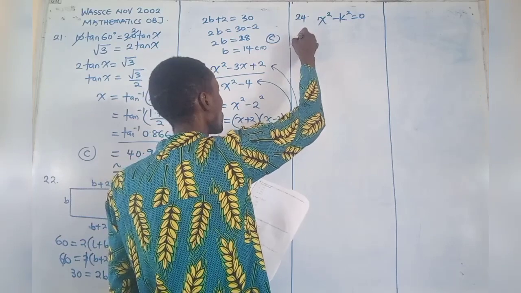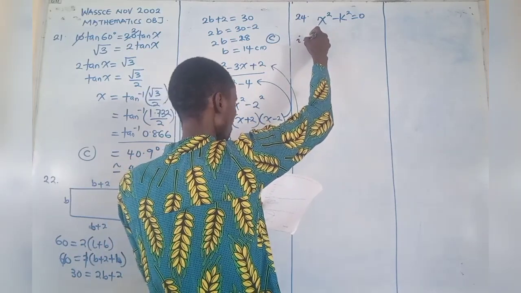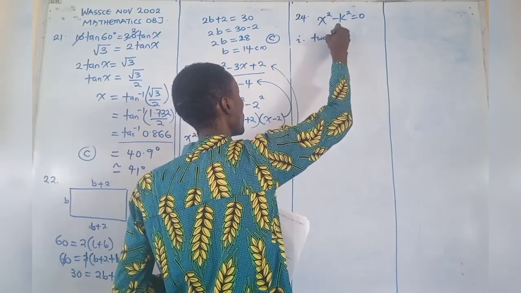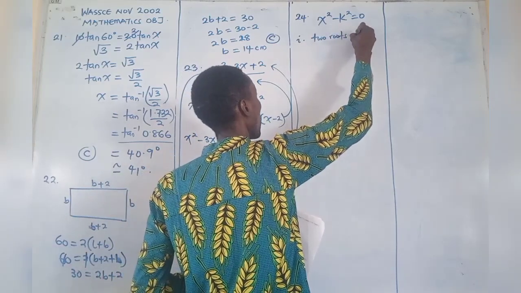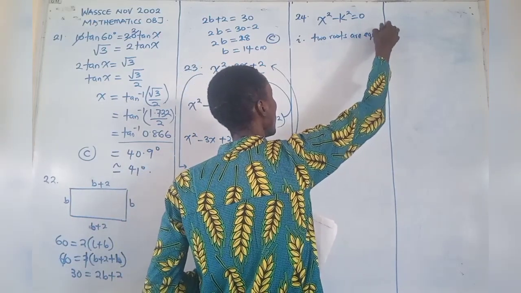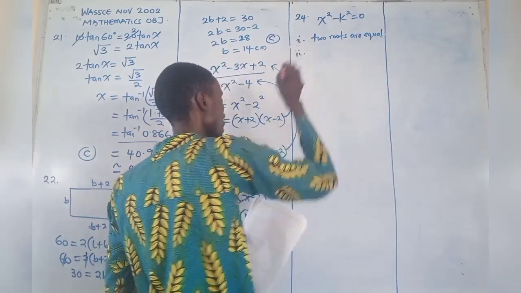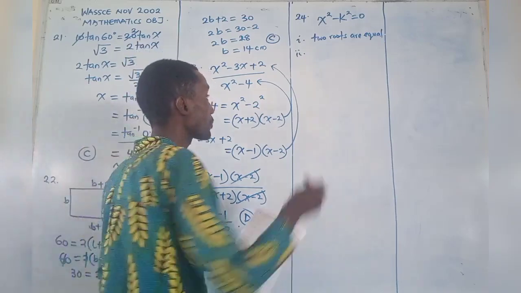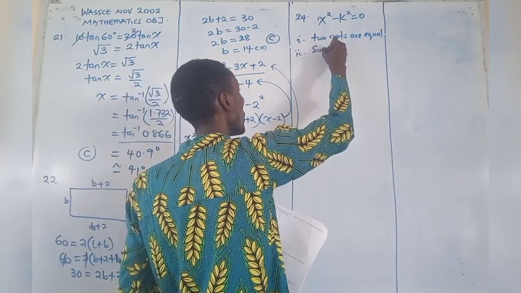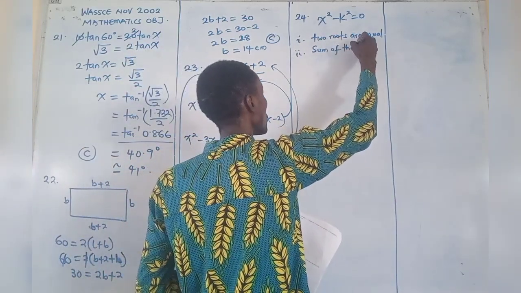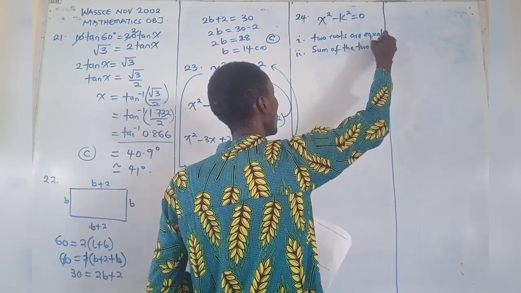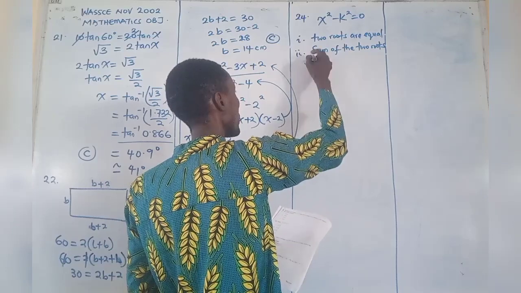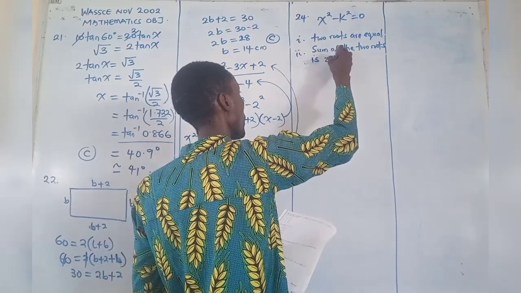Now, the first Roman figure says that two roots are equal. The second Roman figure says the sum of the two roots is 0.